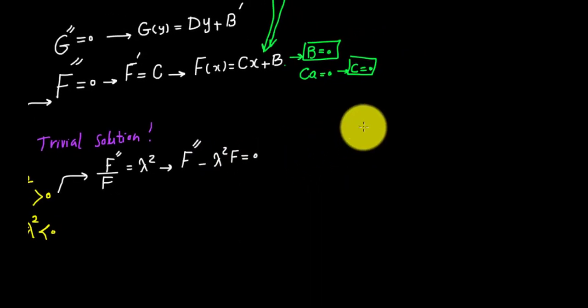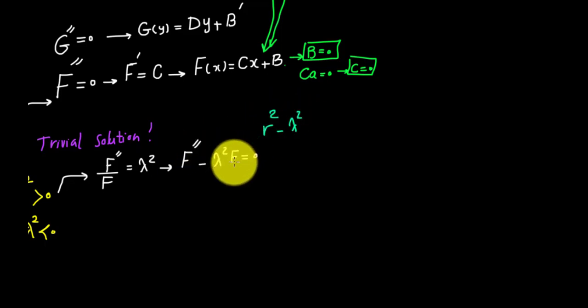It will have the characteristic equation in the form of r squared, because this is the second derivative, minus lambda squared times, there is no derivative here, so there will be no r here, equal to 0.